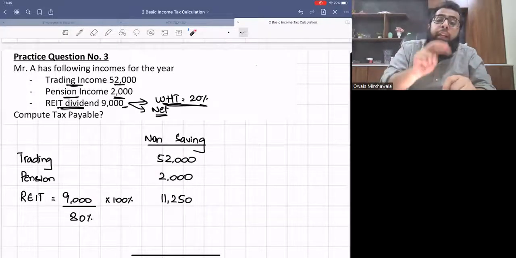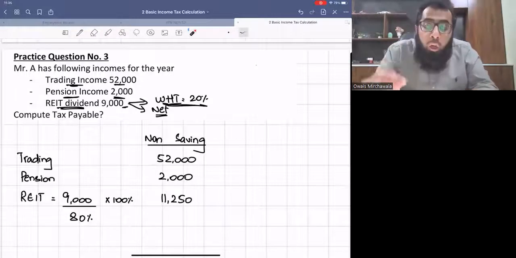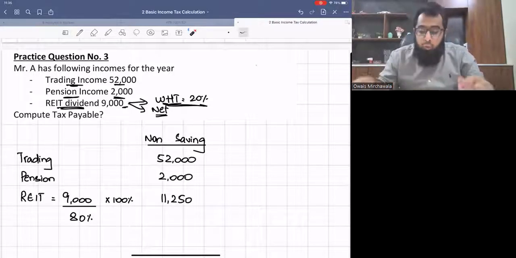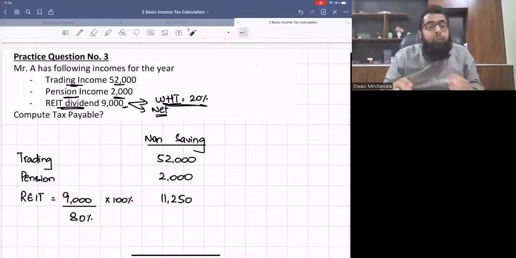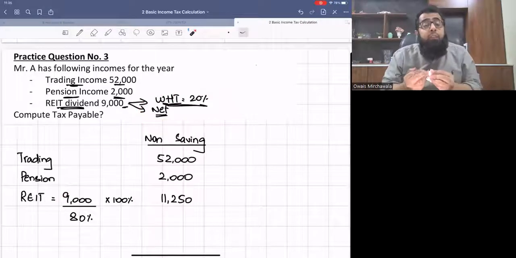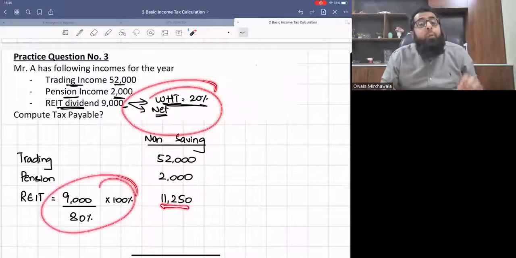Net means that already 20% is deducted. The withholding tax of 20% is deducted, so we will gross it up, divided by 80 into 100.